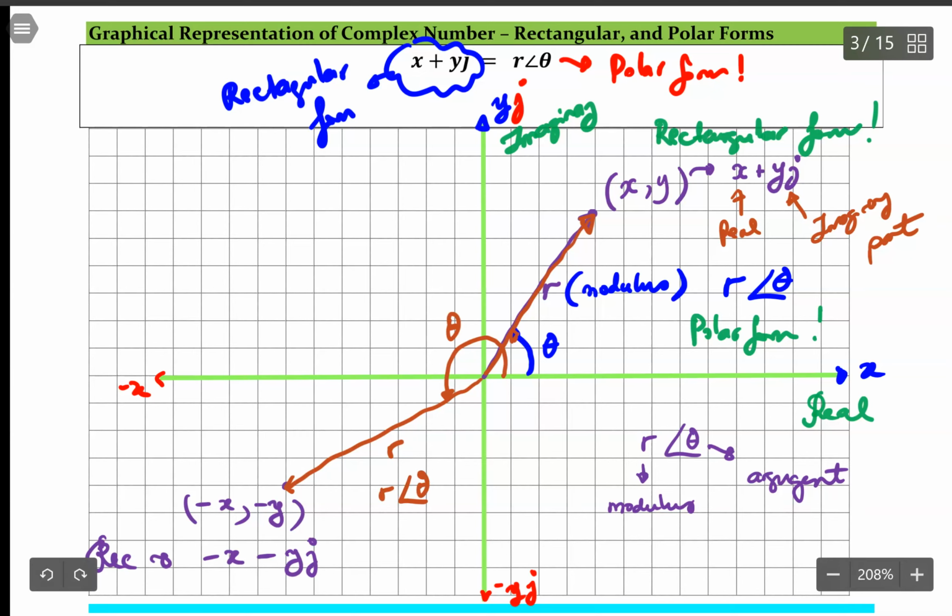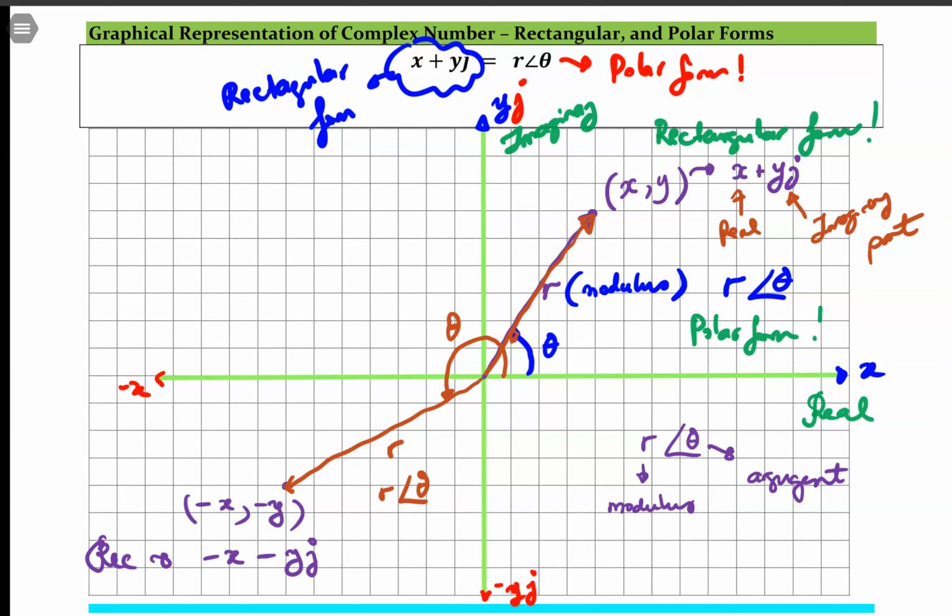Now you note that because r represents the magnitude, r is always a positive value. Theta can be negative as well. If we go counterclockwise, theta is positive. If you go clockwise, then theta is negative. So let's talk about that.